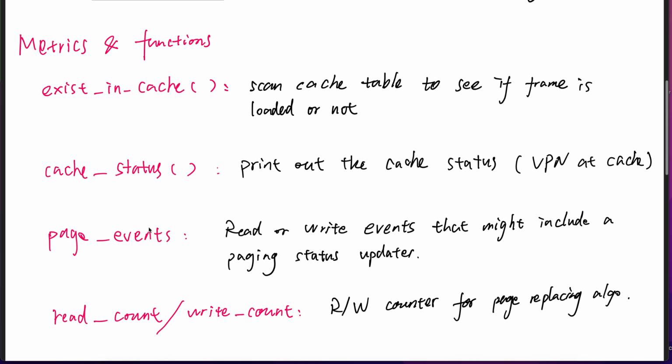Other than that, we also need some metrics and functions to simulate the page replacement situations. That's when we do not have enough memory, we still want to allow users more requirements for the memory.